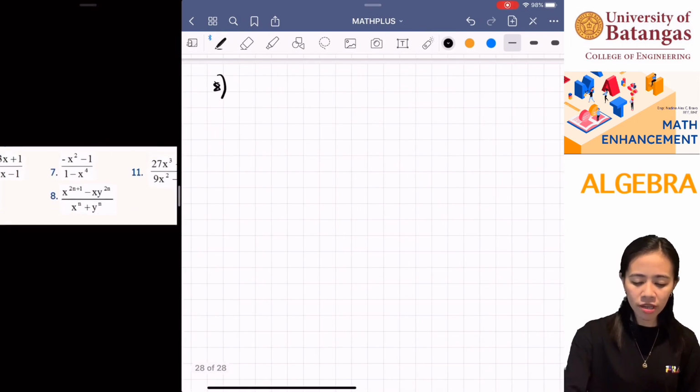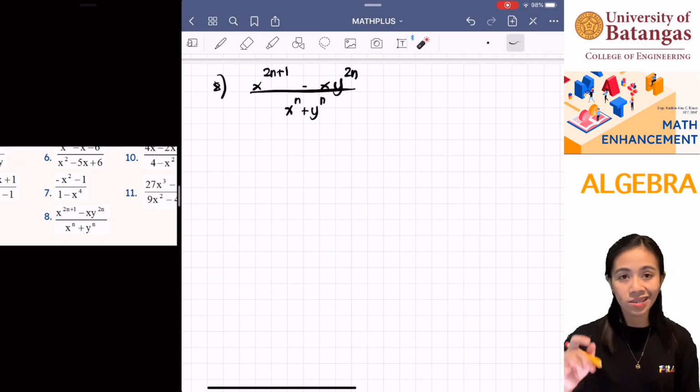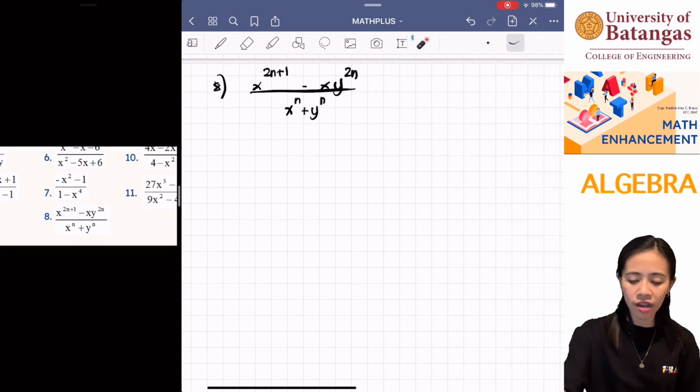Okay, so for number 8, you have here x raised to 2n plus 1 minus xy raised to 2n all over x raised to n plus y raised to n. So obviously, there is an x existing on both terms in the numerator. Kasi you have your x raised to 2n plus 1. Diba, ito ay equal sa x raised to 2n times x. So meron kang x term.